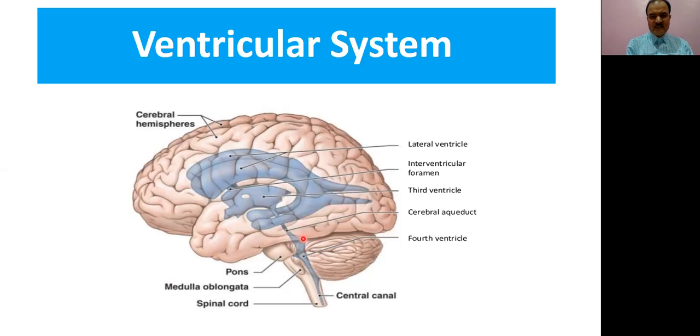As you know, the subarachnoid space is below the arachnoid mater and above the pia mater. It is present all over, but at the base of the brain the subarachnoid space forms dilatations because of the irregularity of the brain, where the arachnoid mater does not uniformly cover the brain.